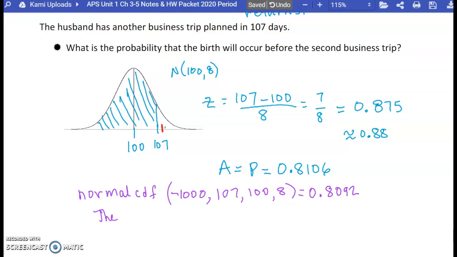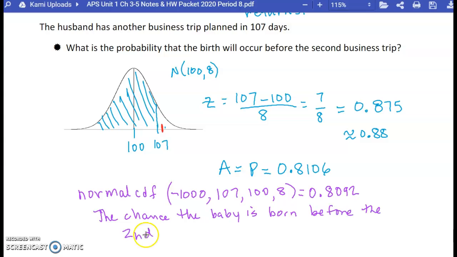So the probability or the chance the baby is born before the second business trip is approximately, I'm going to abbreviate, 81%.